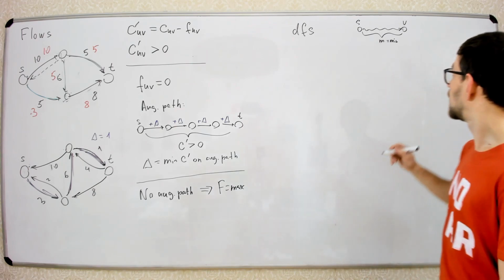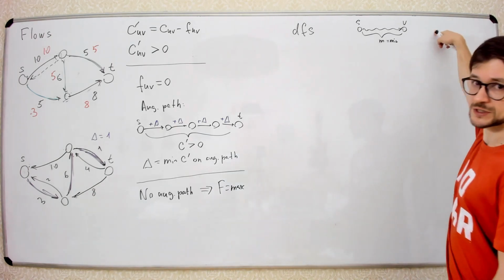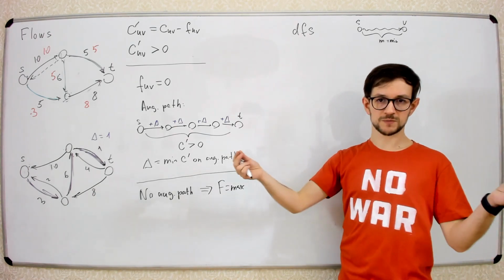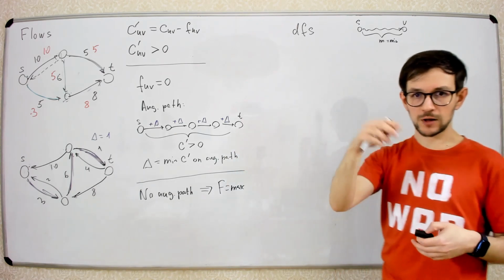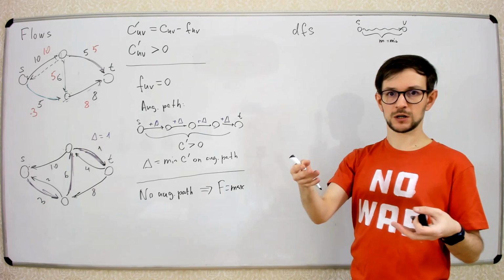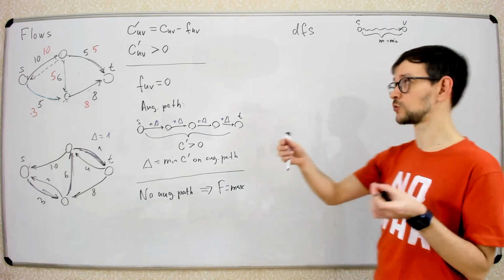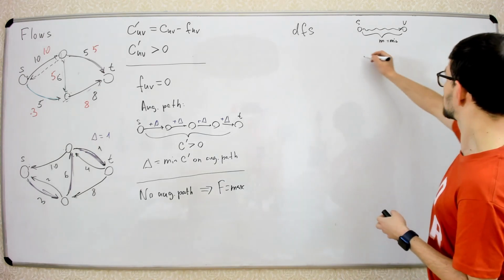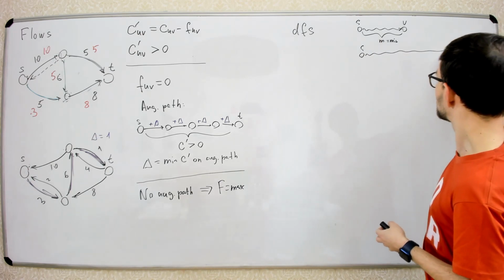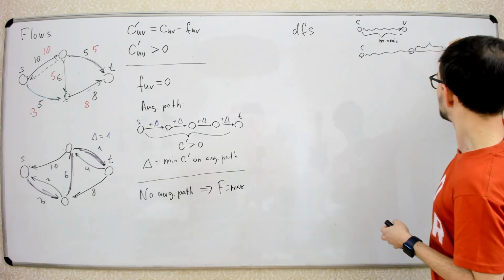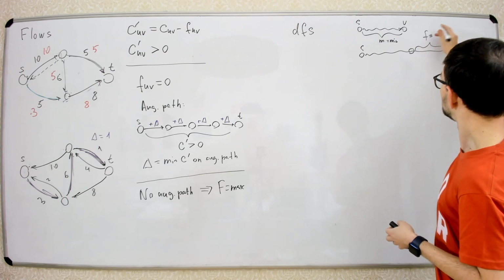Now, when I reach vertex T, I will find the minimum on this path. Now, when I go back from the recursion, I will apply this delta to the level. So I go back from the recursion, and I find this T, and then I go back, I will apply plus equal.